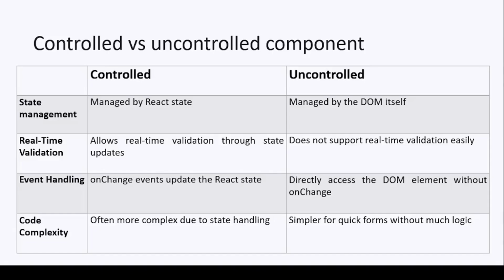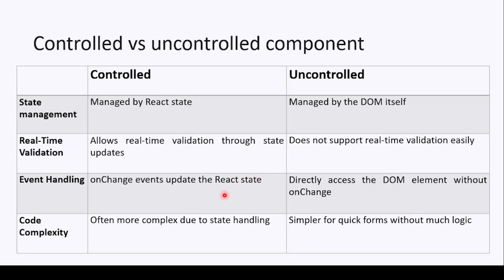Now let's understand the differences between controlled and uncontrolled components. The controlled component is always managed by the React state, while the uncontrolled component is managed using the DOM itself. The controlled components allow real-time validation through state updates, while the uncontrolled does not support real-time validation easily.